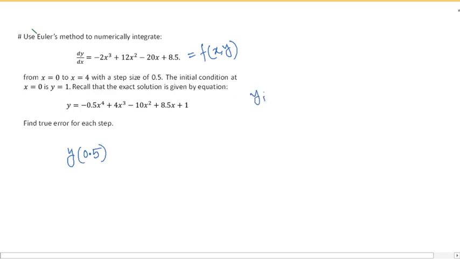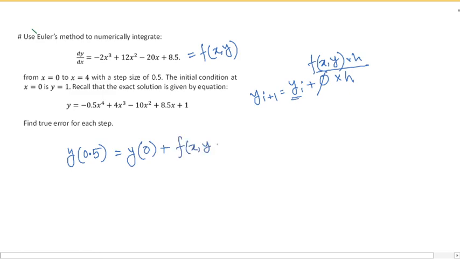If you can remember, y_{i+1} was y_i plus this increment function, which is f(x, y), multiplied by h. So this will equal the initial known point, that is y0, plus the increment function f(x, y) multiplied by 0.5.